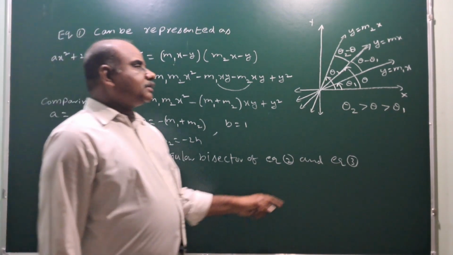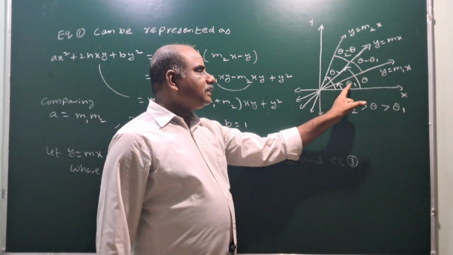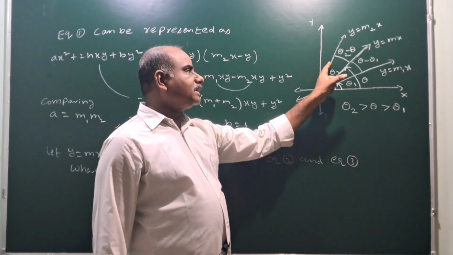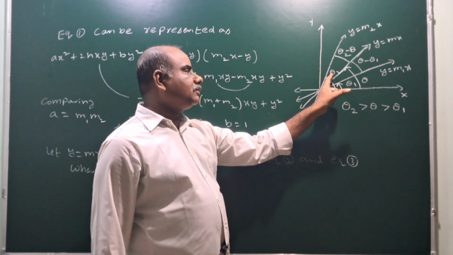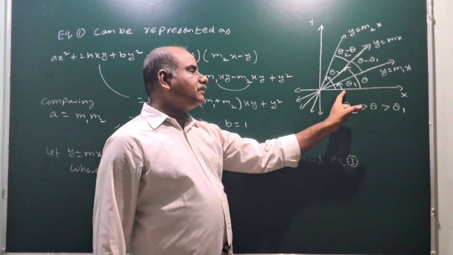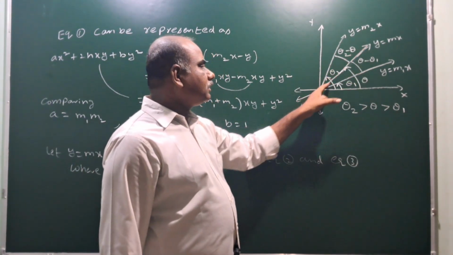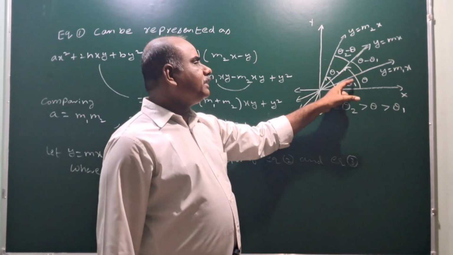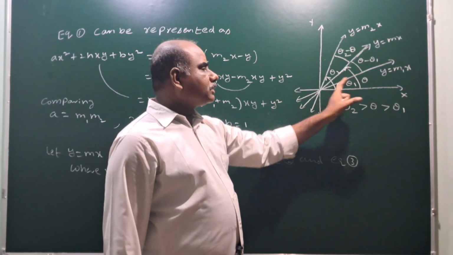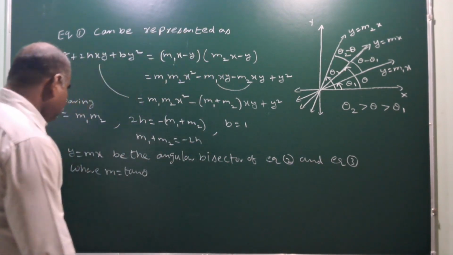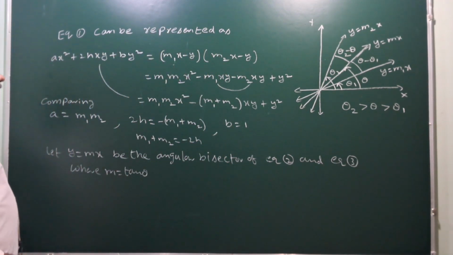So this straight line makes an angle theta 1 with the positive direction of x-axis, and this second straight line makes an angle theta 2 with the positive direction of x-axis anticlockwise, and this is the angular bisector of these two straight lines, which makes an angle theta with the positive direction of x-axis. That's why we take m is equal to tan theta.